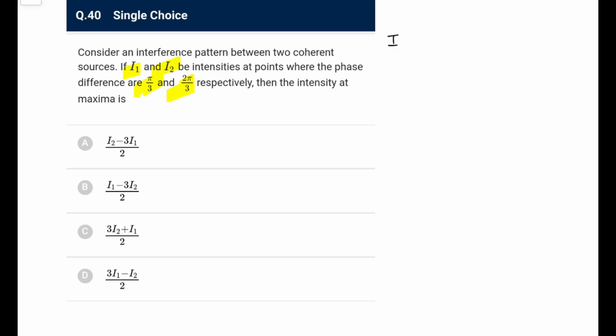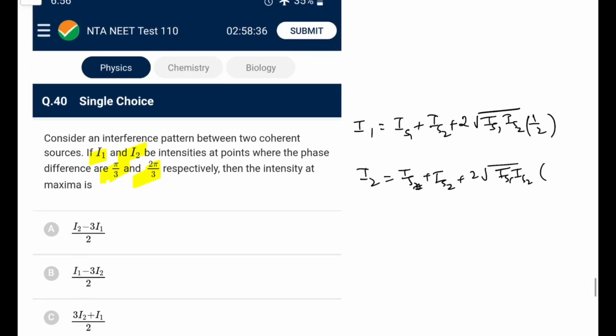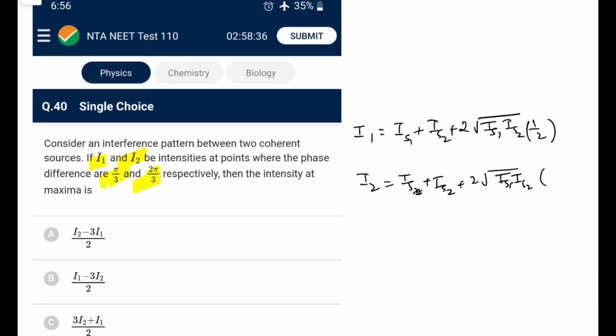So I1 would be I of source 1 plus I of source 2 plus 2 root I of source 1 I of source 2 into cos of pi by 3, which means 1 by 2, and I2 is I of source 1 plus I of source 2 plus 2 root I of source 1 I of source 2 into cos of 2 pi by 3, which is minus half. Let me check.